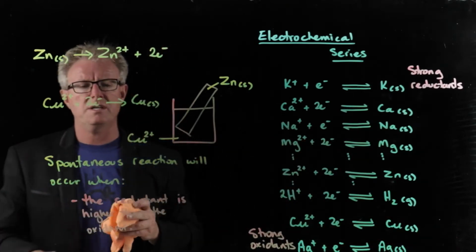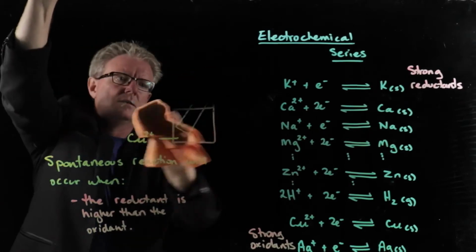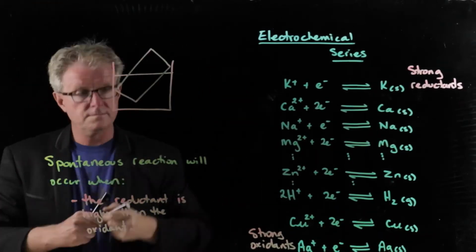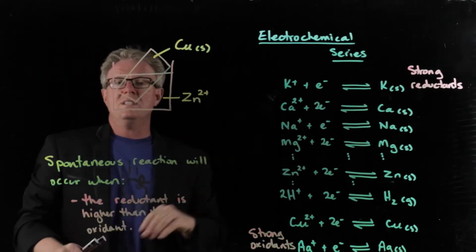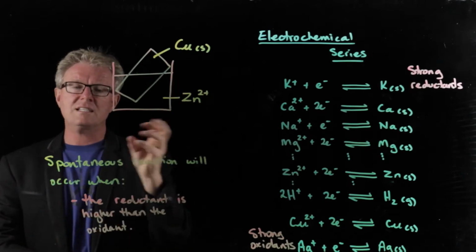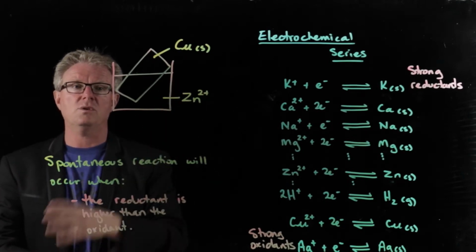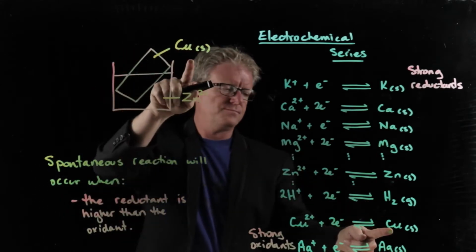Let's consider a situation which may not form a spontaneous reaction. So let's rub this out. Okay. So in this instance here, we've got some zinc sulfate and a copper strip. Is this going to have a spontaneous reaction or not? Well, let's check it out. Let's go to the table. Here we have copper.